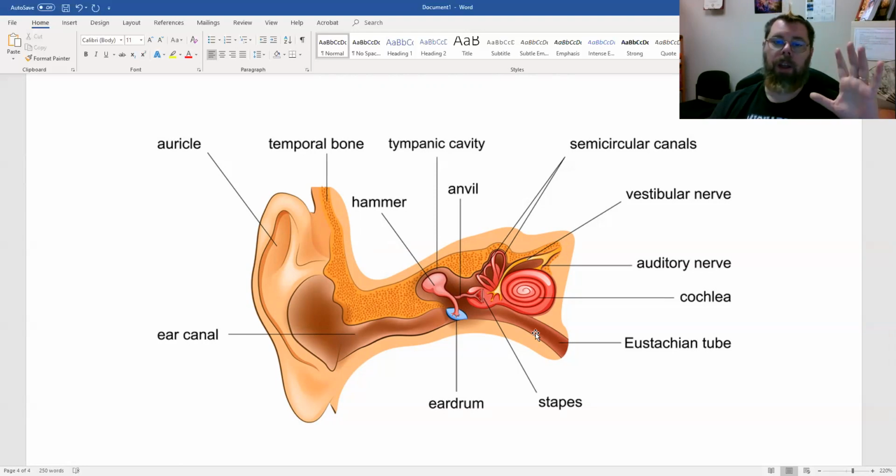Same thing here. That fluid in the cochlea, it's moving back and forth. It's washing back and forth as it's hit, pressure going up and down, if you like, as this stirrup pounds that membrane there.